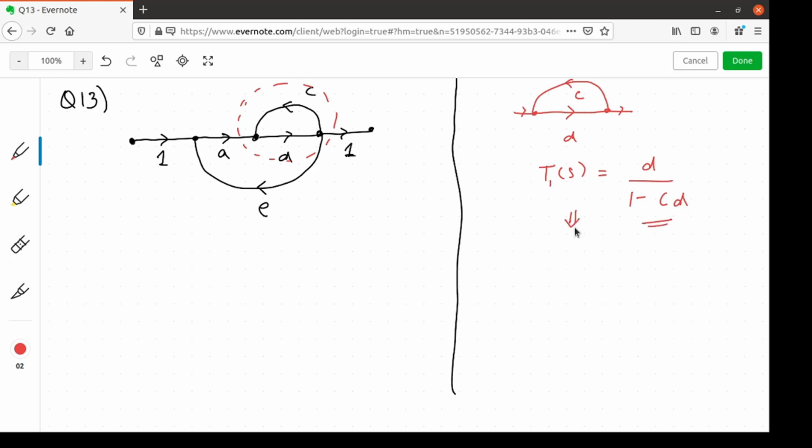So we can represent that system as just a single system with the transfer function D by 1 minus CD.